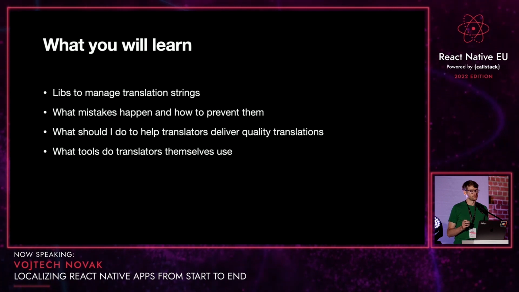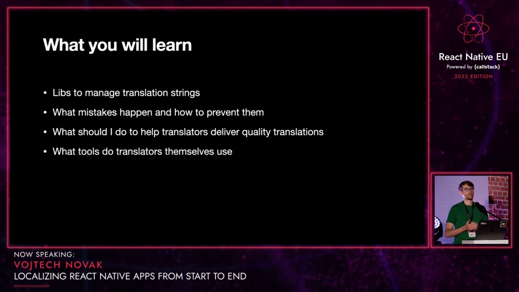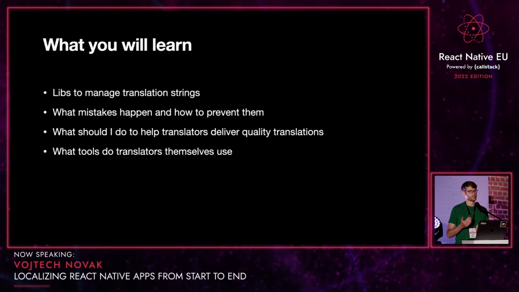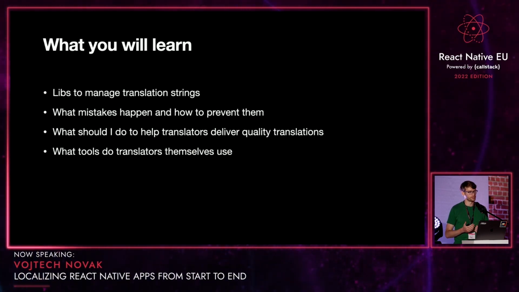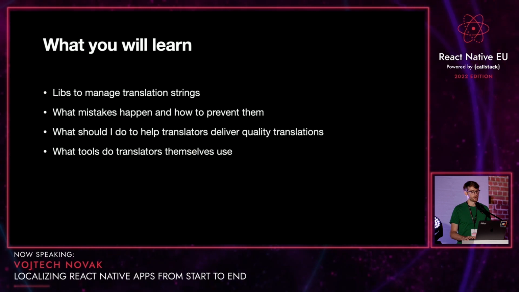I'll also be talking about some mistakes that happen in the translation process and how to prevent them, what you should or should not do to help translators deliver the best result possible. And I want to shed some light on what tools the translators themselves are using, because I think it's important for us to understand how they work in order for us to do our job better.